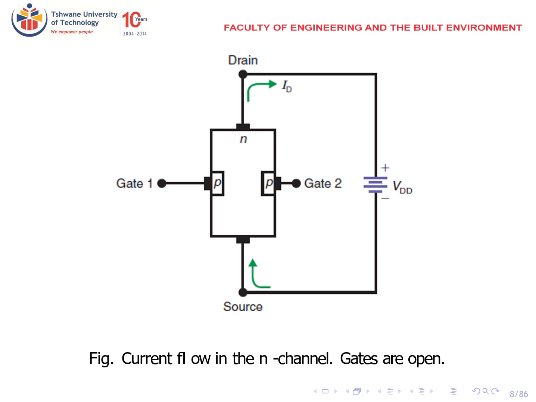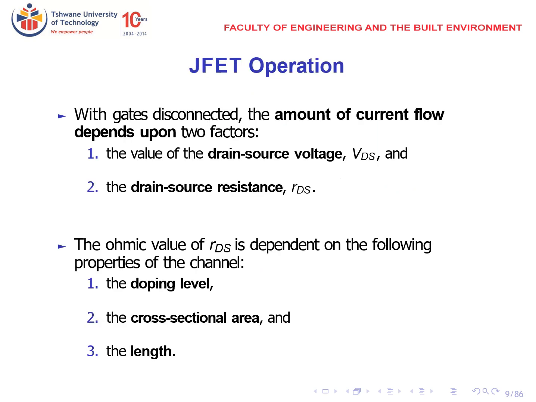Current flow in the N channel when the gates are open. So you'll supply a voltage source across the drain and the source. That's called VDD. It's a voltage across the drain and the source. When the gates are open, that's when you'll have a current flowing in the circuit. JFET operation. With gates disconnected, the amount of current flow depends on 2 factors.